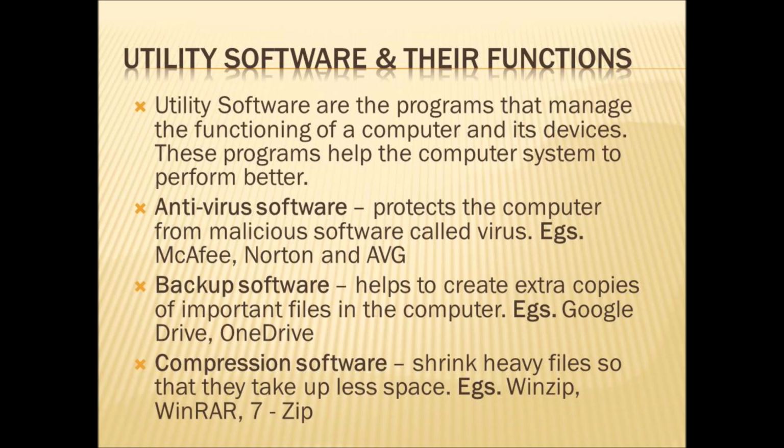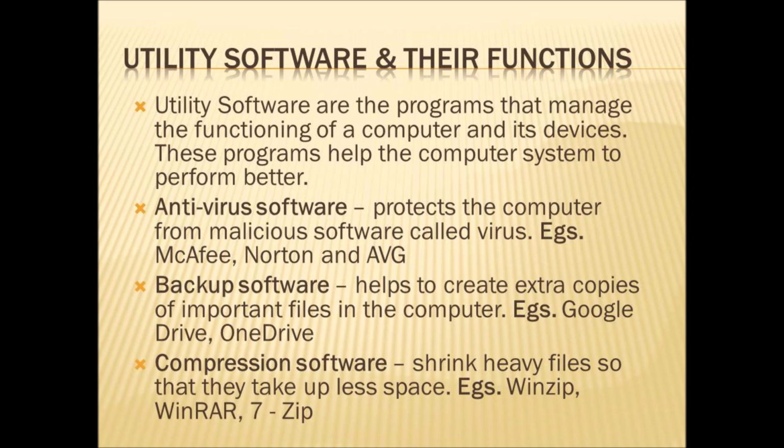Then the last one is compression software. It shrinks heavy files so that they take up less space. If your file is of bigger size, your system will take more space. For that only we can use compression software and shrink the files so that they can be stored in a lesser space.